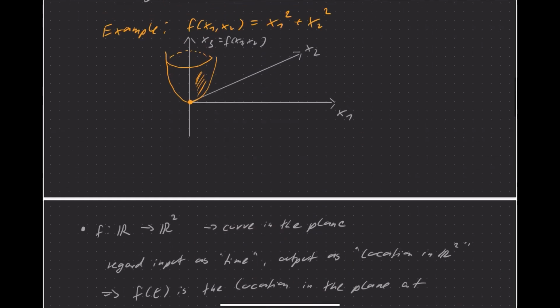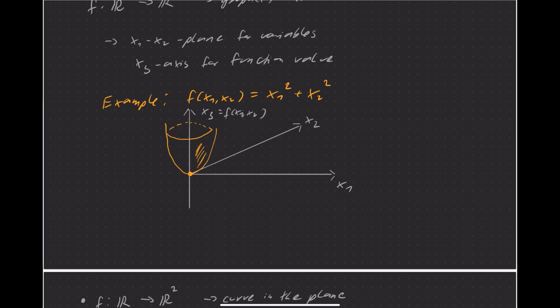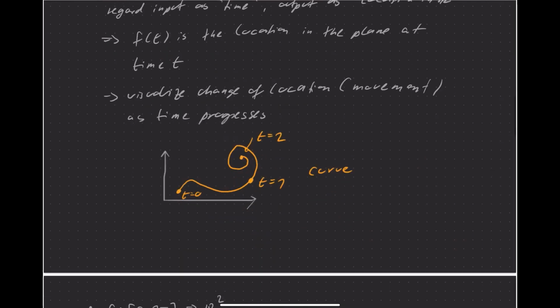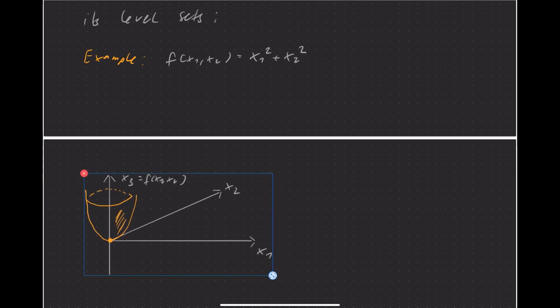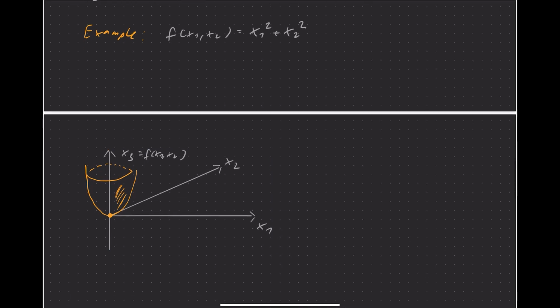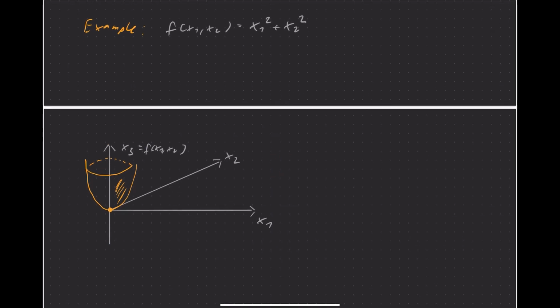So scroll back a little. That was that graph here. Let's copy this down here. And then the question is, what are the level sets of this function? So how do the sets where the level stays constant, how do these look like?